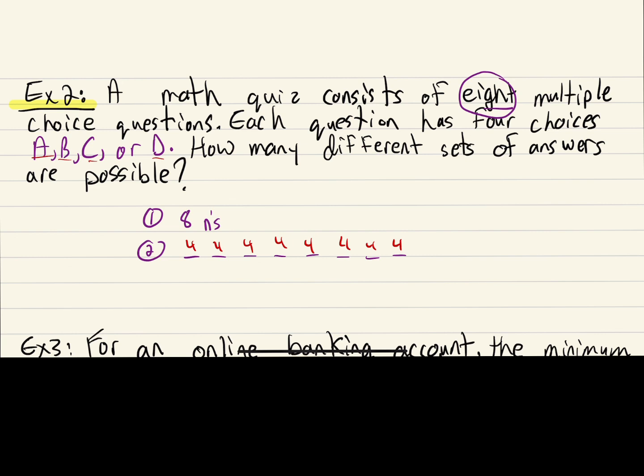Third, we're going to take each of these events, so n1 times n2 times n3, and we're going to multiply them against each other all the way until we reach the 8th event. Now, since each of these expands into 4 possibilities, we're going to expand it as follows, where each one is 4 times 4 times 4.